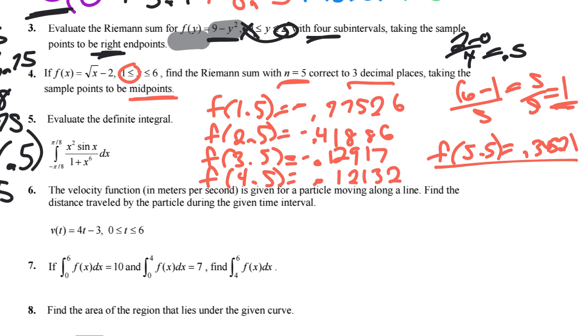Add all of those up, and I get negative 0.857. Multiply it by my delta x, which is 1, and I get negative 0.857.